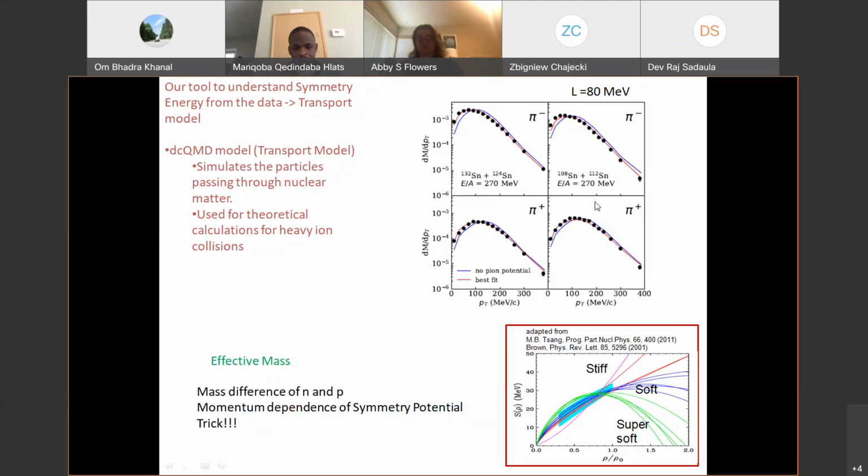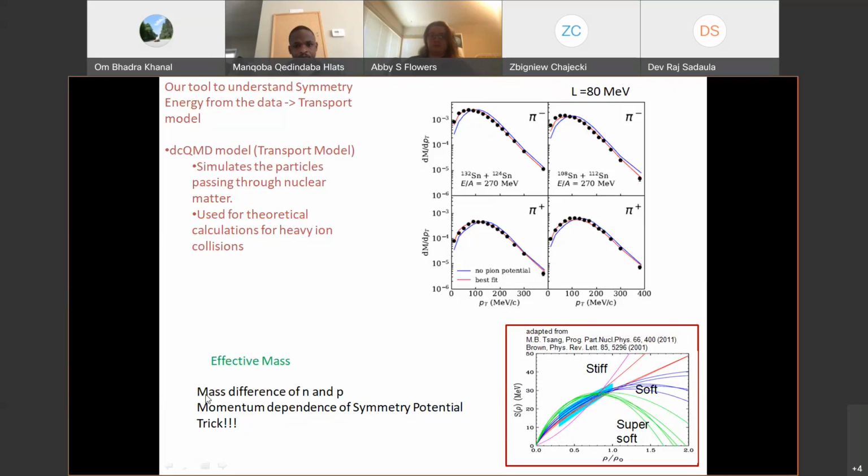And these theoretical calculations were done for a particular value of L. L means, as I already showed you, the slope of the symmetry energy curve. The value of L for these lines is 80 MeV, and the effective mass splitting, which I'm going to tell you about in a while, for this simulation is 0.